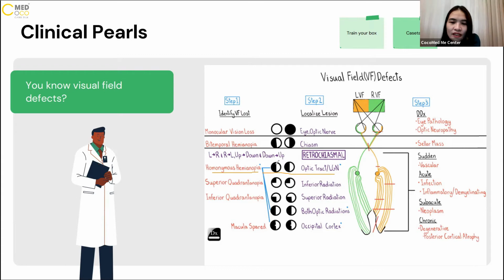I mean the visual field. Homonymous means the same, and hemianopia means half of this. That's usually from the optic tract. So you can see here the optic tract comes from that place. They have the crossover.